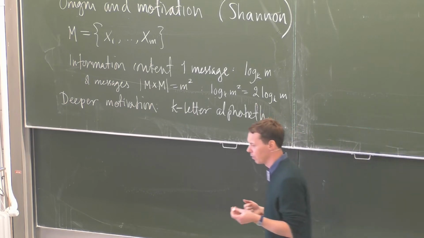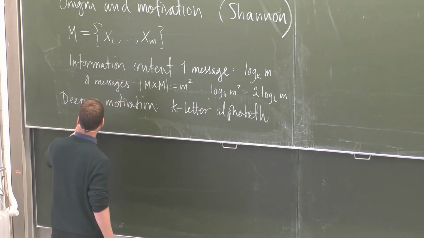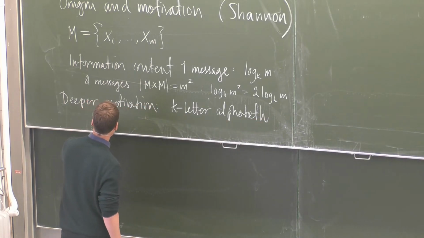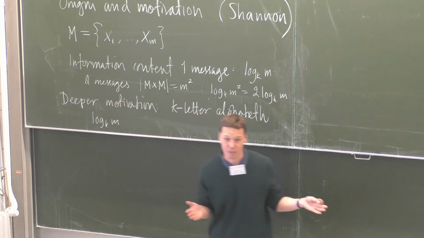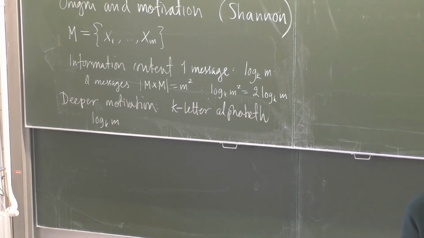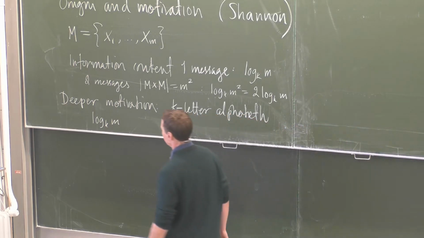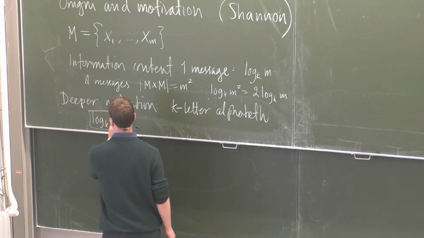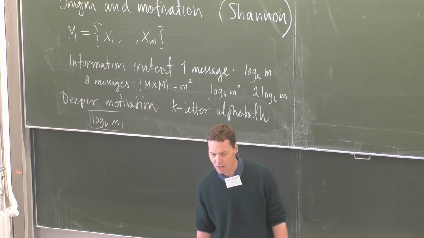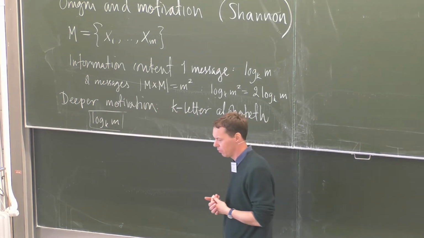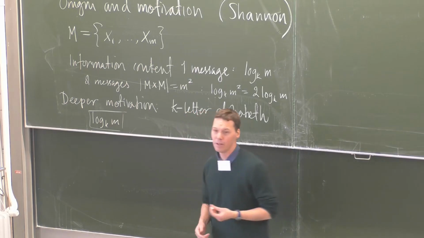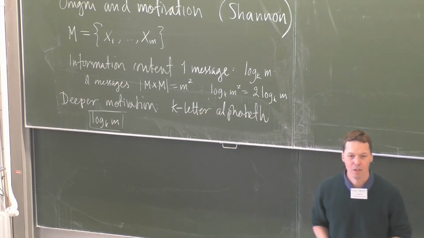Then that would be exactly log base k of M. On average, because it's not necessarily an integer, right? Imagine you draw several messages, and on average, this is how many letters you need. So it makes sense. This is a good first definition of information.